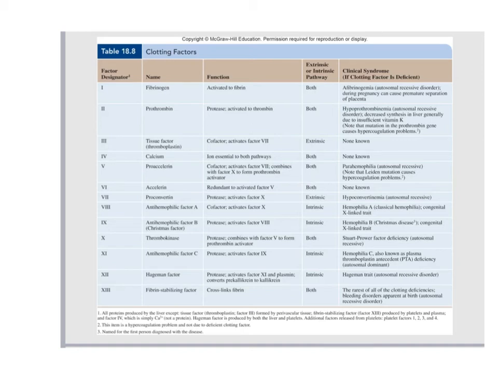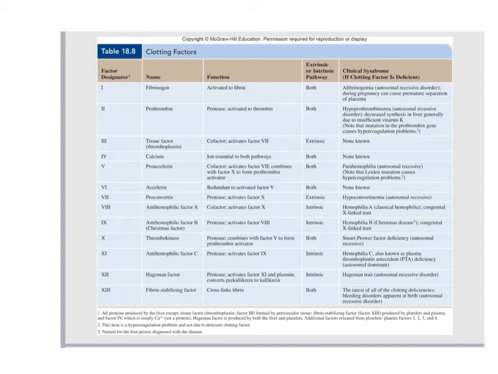And then to the far right-hand corner, you'll see that there's a clinical syndrome if the clotting factor is not there. If these clotting factors aren't there, what doesn't work? What's impaired? The clot formation? The clot formation, the coagulation phase is impaired. So then what ends up happening to that person? They have excessive bleeding. Okay?